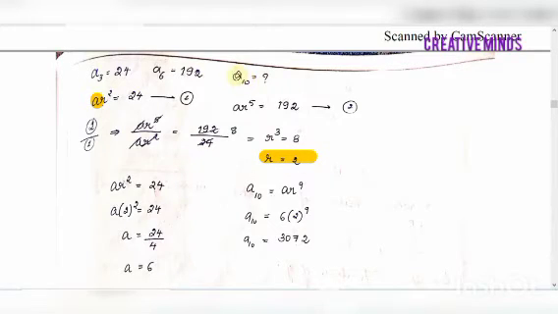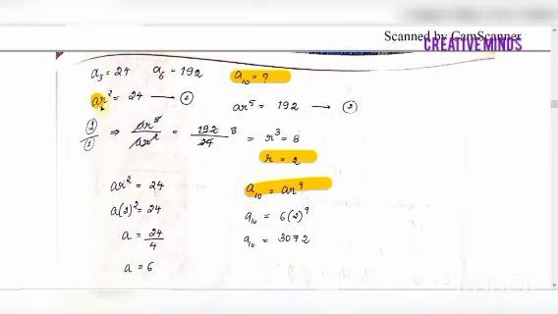Now we have to find a10. According to the general formula of GP, we know that a10 is equal to a r to the power of 9. We have to find a, right? We don't know the value of a.